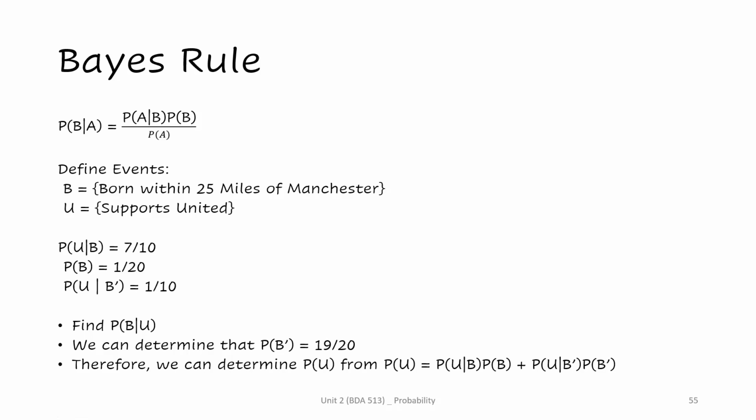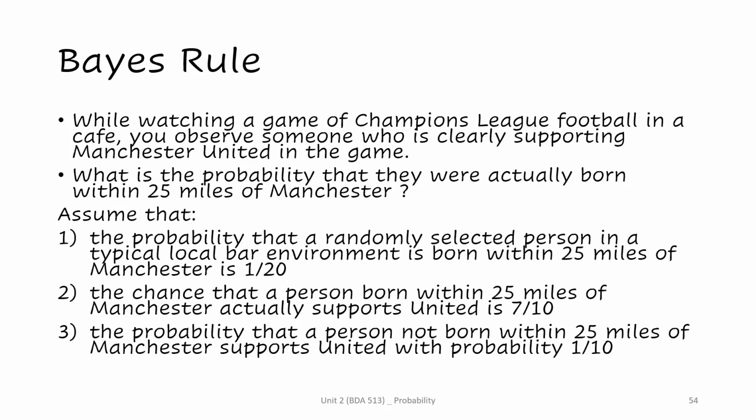So let's define our events. Let's define B as people born within 25 miles of Manchester, and U that they support United. Per the assumptions we've been given, the probability that a randomly selected person in a typical local bar environment is born within 25 miles is 1/10.